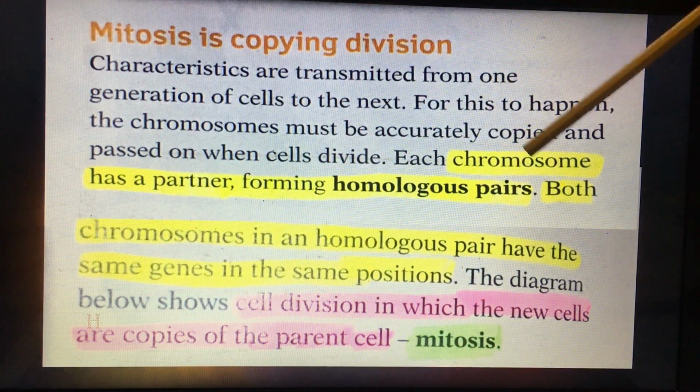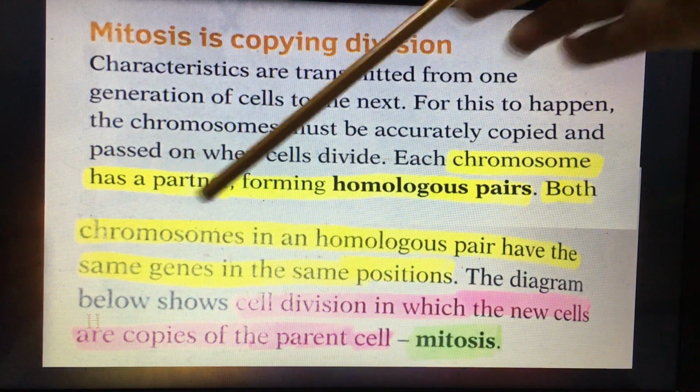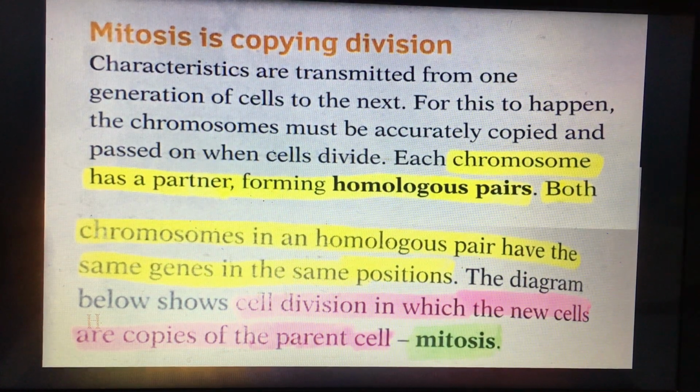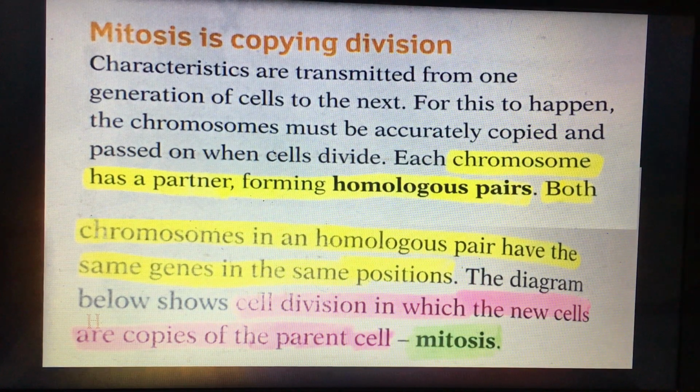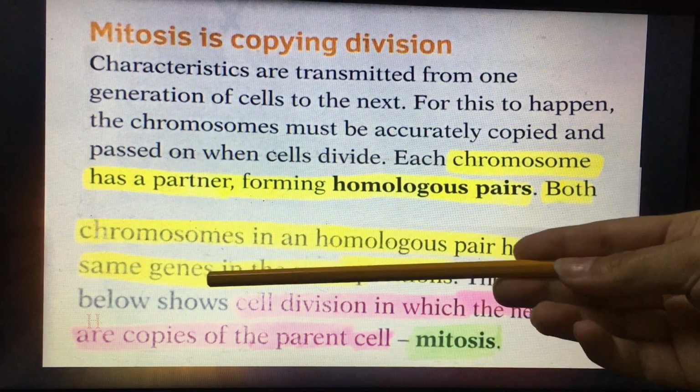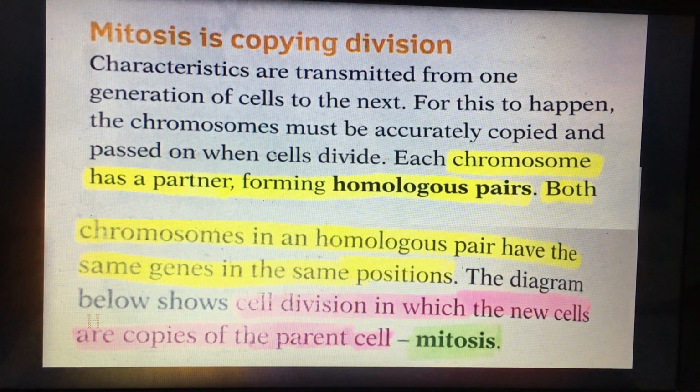You have to know that each chromosome has a partner to form homologous pairs. Both the chromosomes in a homologous pair have the same genes in the same positions.